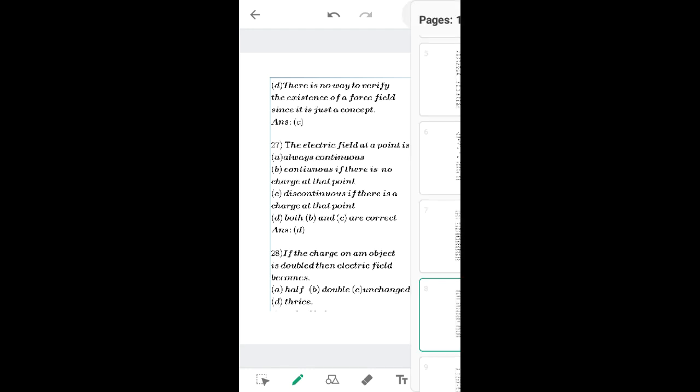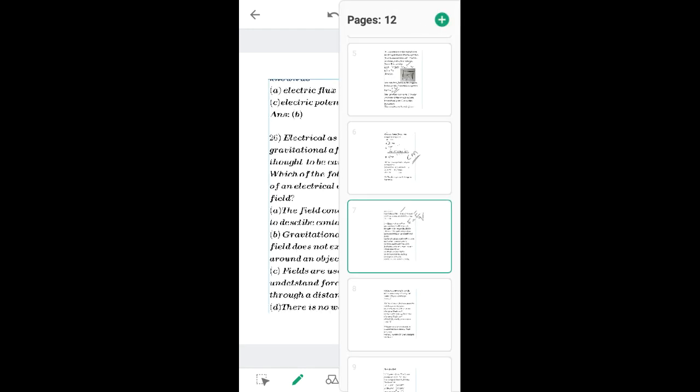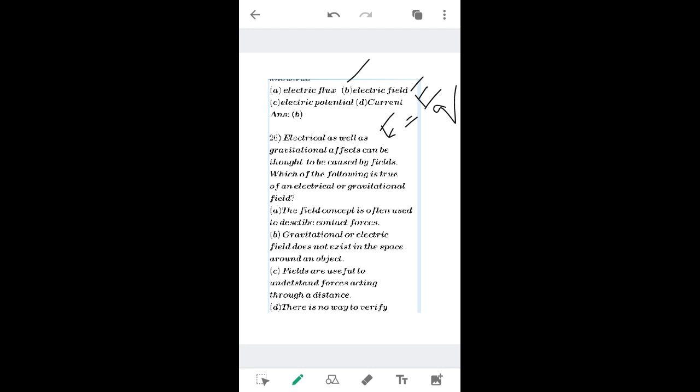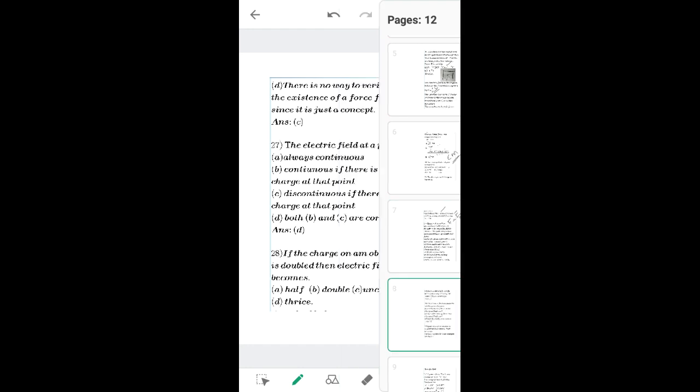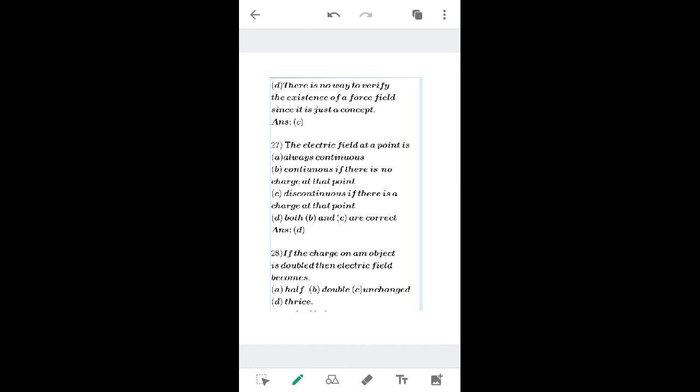So the right answer is C. We will lock C, because fields are useful to understand forces acting through a distance. They are not just a concept, right, children? So the correct option is C.